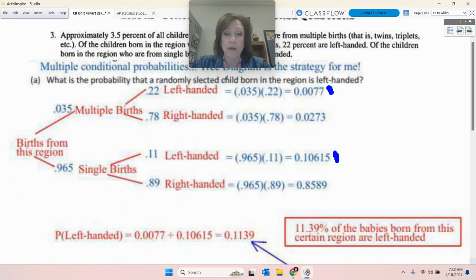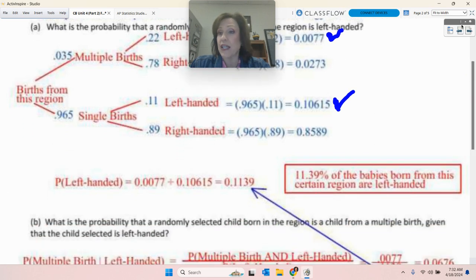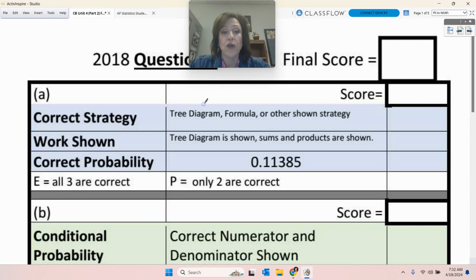So then they asked, what's the probability that they are left-handed? That's the sum of these two sections I have check marked: the multiple births and left-handed, and the single births and left-handed. So I wanted to add those two together. To get credit for that section, you had to show some kind of strategy of how you got those parts.